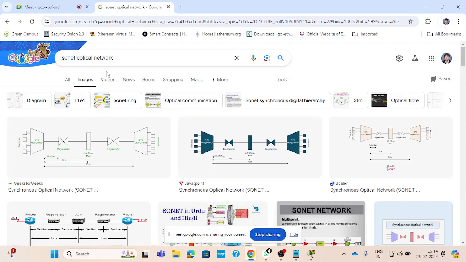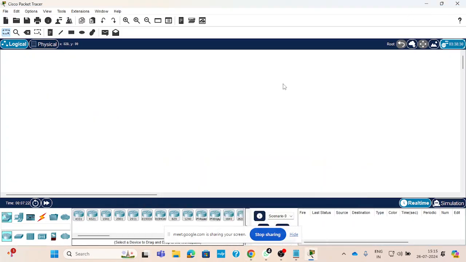Whenever you connect from source to destination, whether it is X.25, frame relay, ATM, or today's world MPLS, multi-protocol label switching, you have to create something called a virtual circuit, VC.